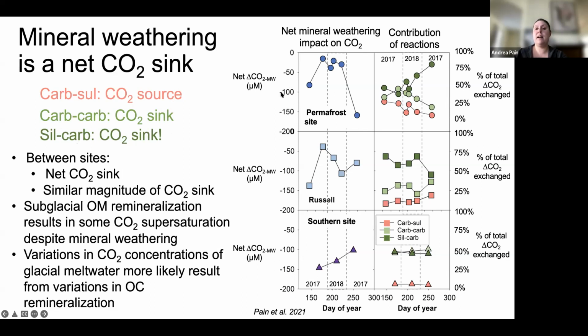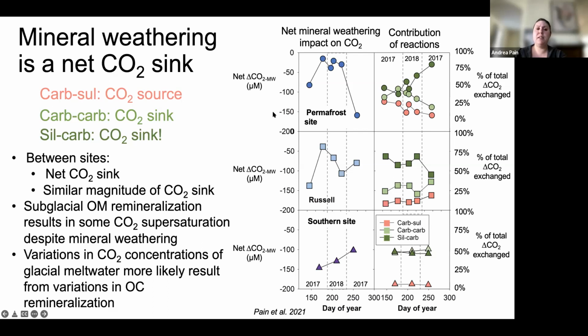So the axes here are negative, indicating that mineral weathering was a net sink of CO2 in these sites. And some of the differences that we can see between sites have to do with the amount of each individual reaction that's contributing to the mineral weathering signature.